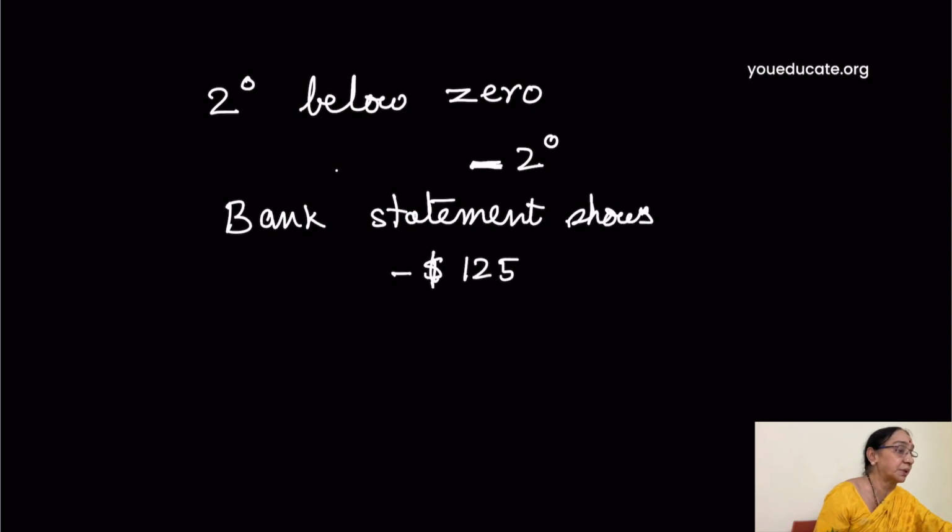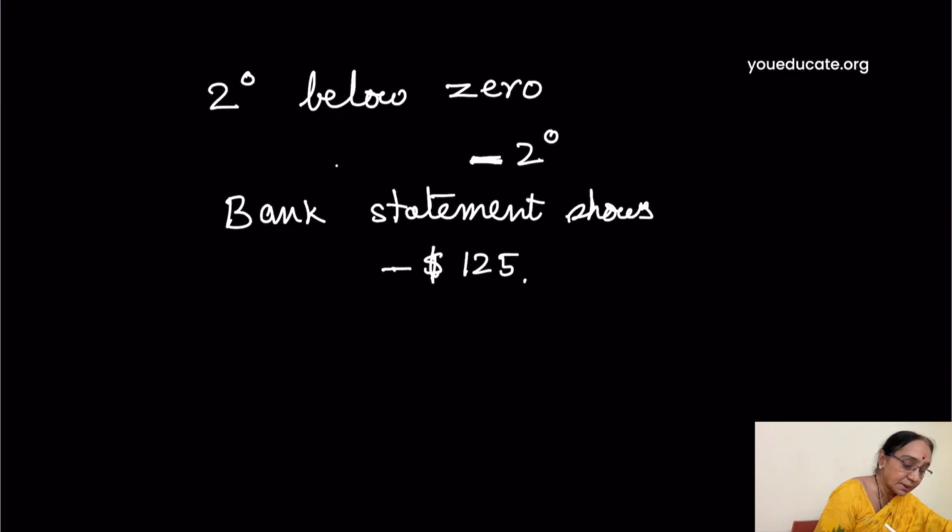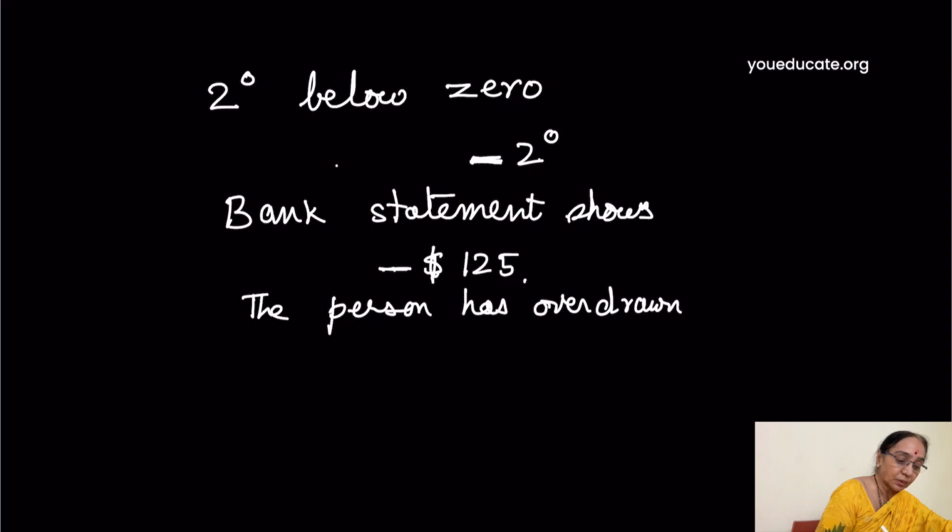Now what does that mean? The account holder has no money in his account and he is drawing from the bank. The bank is lending him $125. So this is written as minus 125. So he has overdrawn from his account.